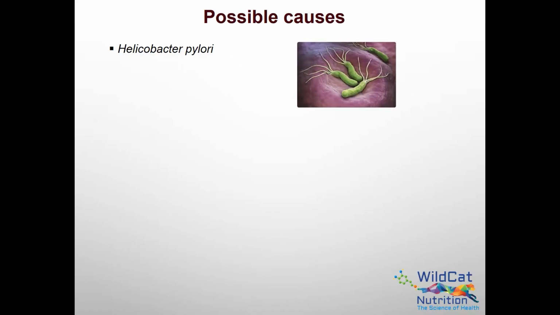We've talked a little bit about this as a possible cause, Helicobacter pylori, the main bacteria in the stomach, the spiral bacteria that occurs in the stomach of humans and animals. But the problem with this is that when they looked at wild cheetahs and cultured the bacteria from their stomachs, they found that there was Helicobacter there too.